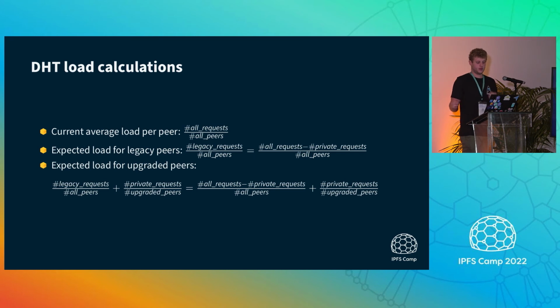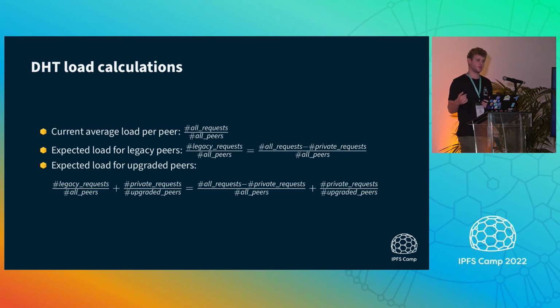So now the current load is, for each node, we have all of the requests divided by the peer number, and that's the expected load. But if some of the load goes to the private request, then the legacy node would have less traffic: the same requests minus the private requests.